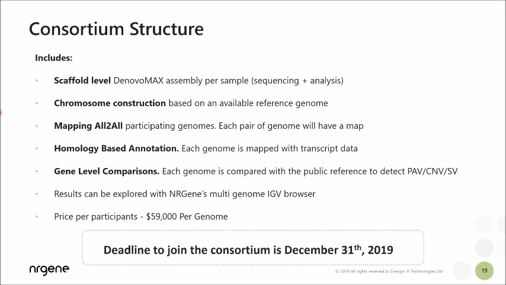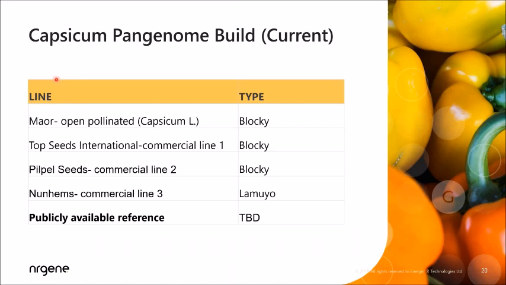During PAG 2020, I would like to invite the consortium members for a face-to-face meeting to provide all the updates and to have decisions that need to be decided. At the moment, we have 4 new genomes from the academia and 3 different commercial companies.